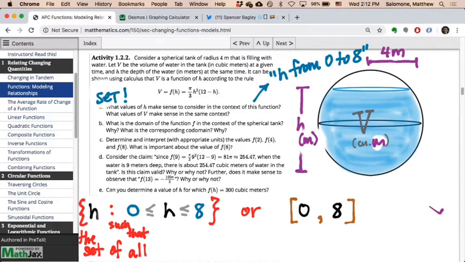Which X values is it asking for? Well, in this example, the input variable here is the height h. But when the question asks you what is the domain, which input values are we concerned with? The ones we just gave, 0 through 8.